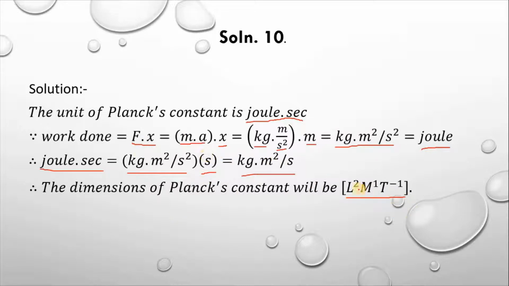Meter square gives length 2, kilogram gives mass 1, and second in the denominator gives T raised to minus 1. So L2 M1 T minus 1 is the dimensional formula of Planck's constant.